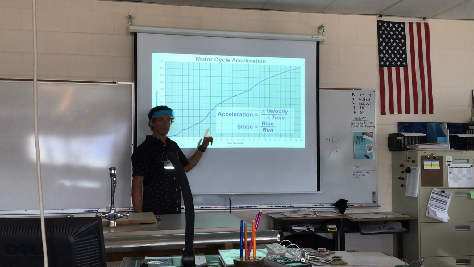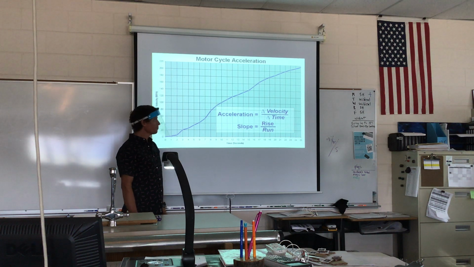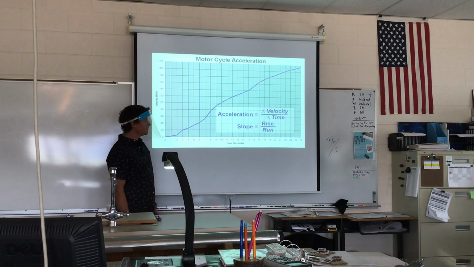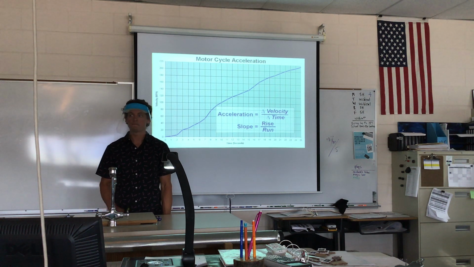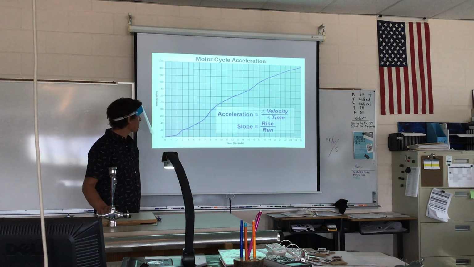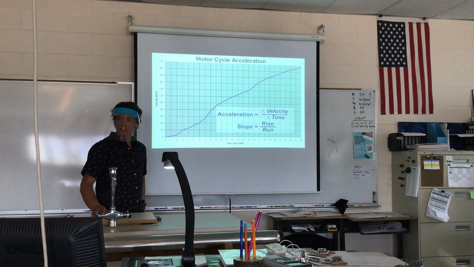So the slope of any VT graph always gives you acceleration. You want that in your notes somewhere. The slope of any VT graph always gets you acceleration. And that, by the way, is a little calculus.